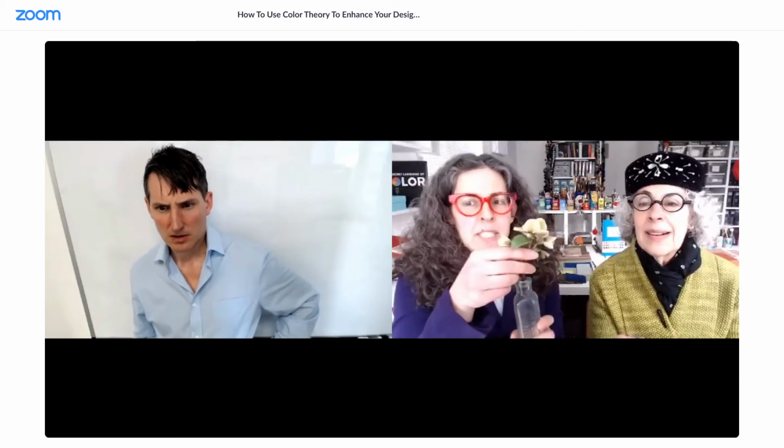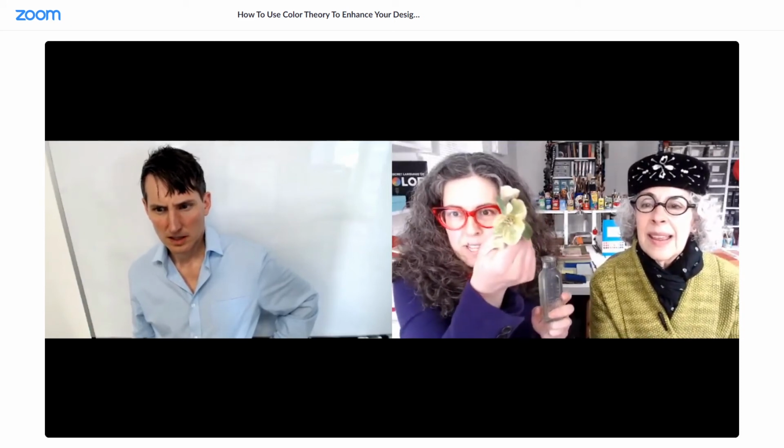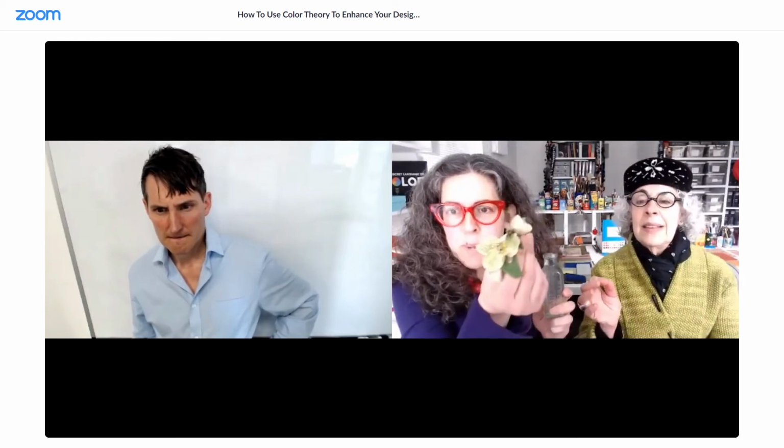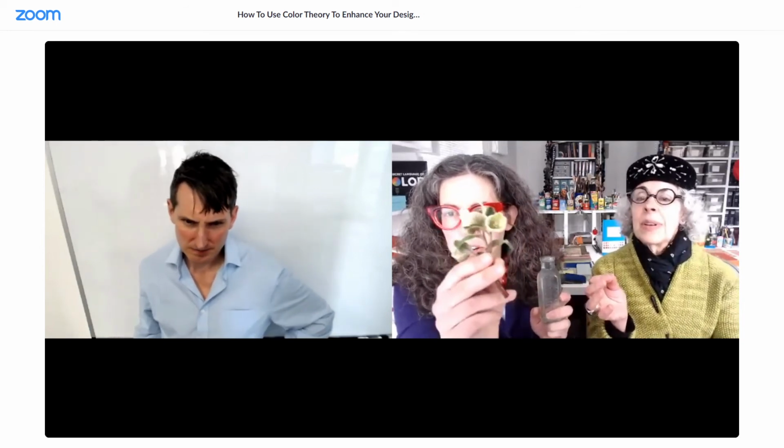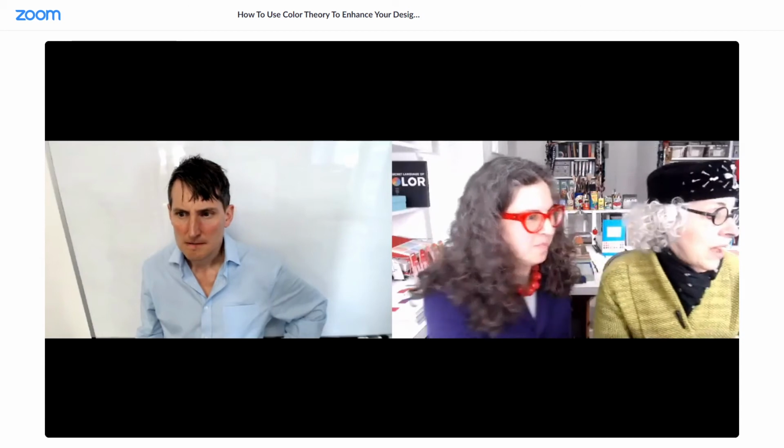There are pale pinks and dull greens, and then the stem is kind of maroon. And it's like, oh my gosh, my mom picked this. It was so exquisite.